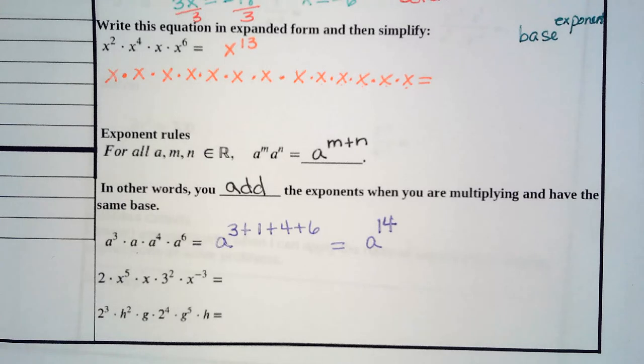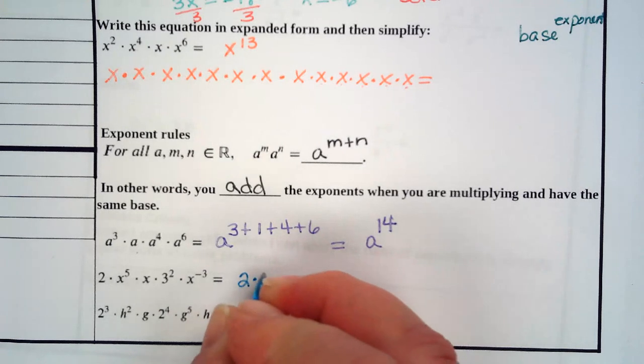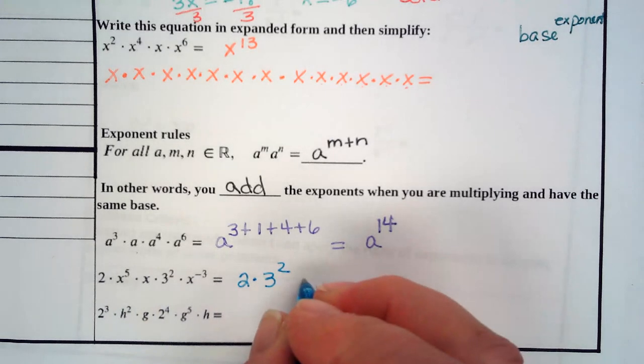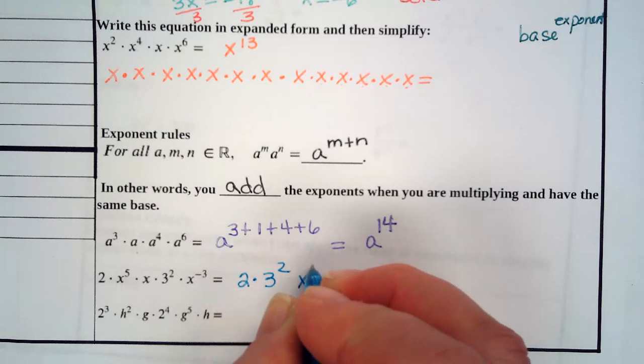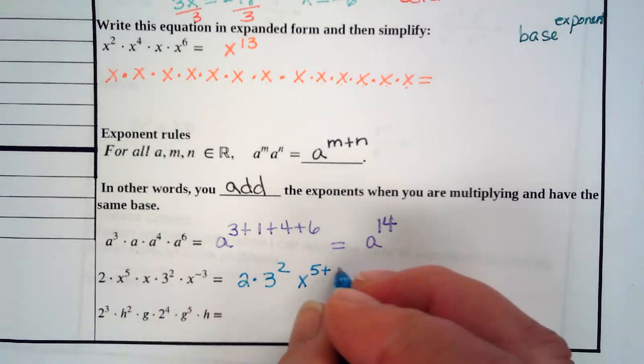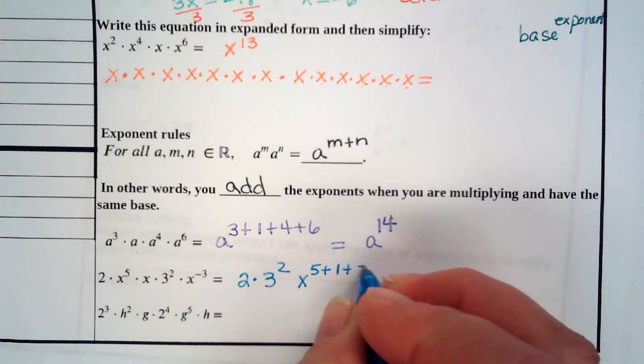Okay, for the next one, when you're working with exponents, you always put the numbers out front. So this is 2 times 3 to the second power. Then we're going to look at our exponents for x. X to the 5 plus, remember, if it's not there, it's that imaginary 1, plus negative 3.